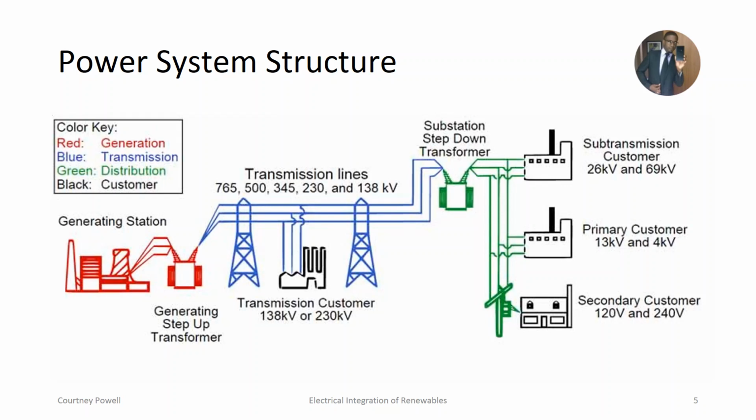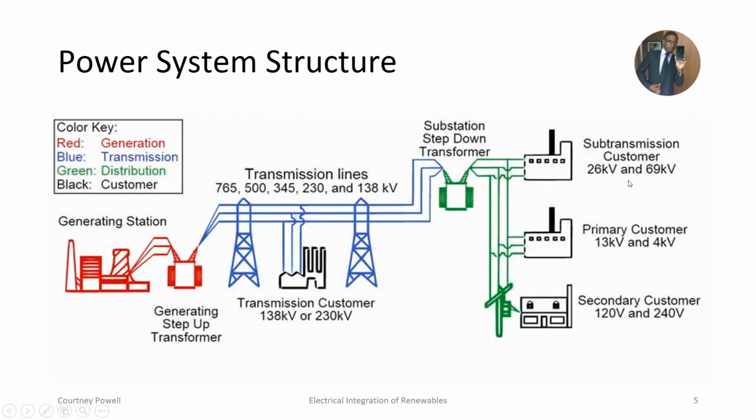The transmission level voltage is usually then stepped down by another transformer, a step-down transformer, and at this lower level the voltage is then distributed to customers at different levels.